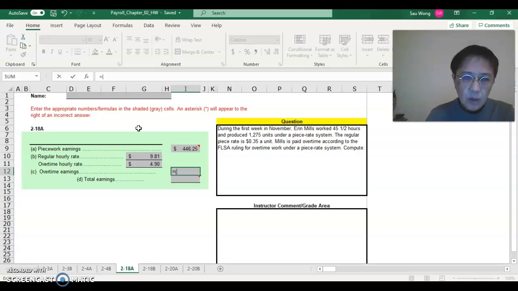So open bracket, because he worked 45.5 hours, so 45.5 minus 40 hours, that is the overtime hours, close bracket, times the overtime hourly rate, which is G11.